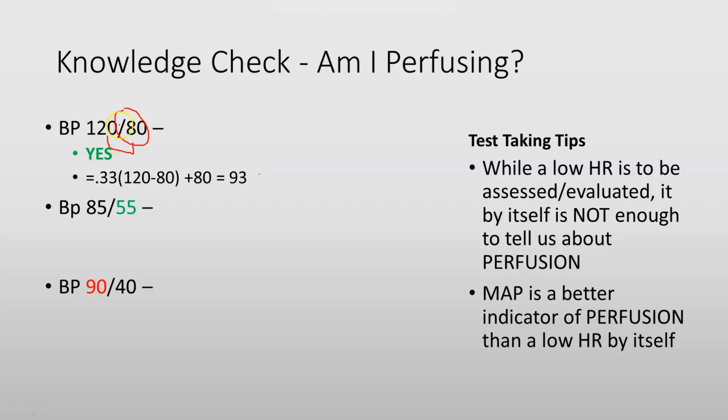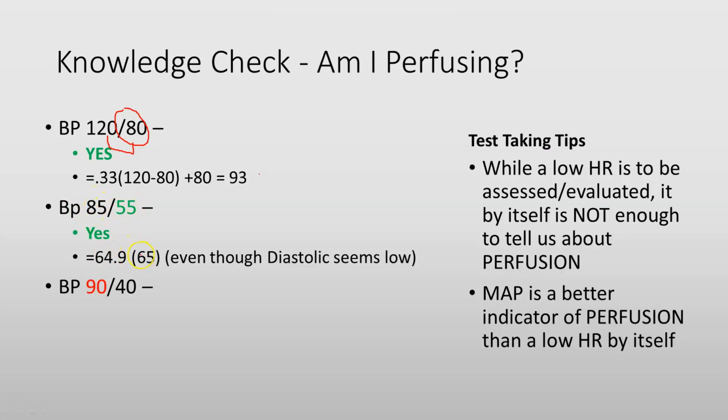So our first one, is the client perfusing? Yes, their MAP is about 93. What do we think it is? 85 over 55? Are they perfusing? Yes, because that number is 65. Even though the diastolic seems low, I know because it's really close that I'm going to add something back into it, and I'm pretty sure that I'm going to add at least 5.